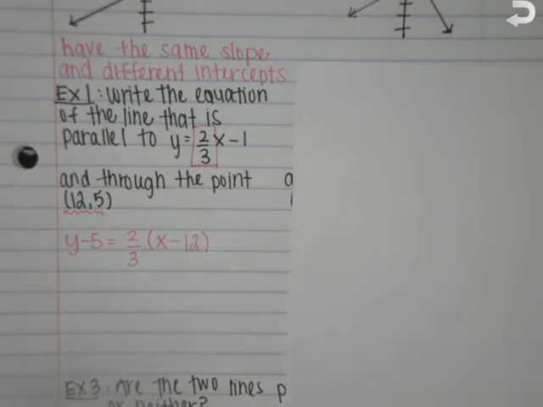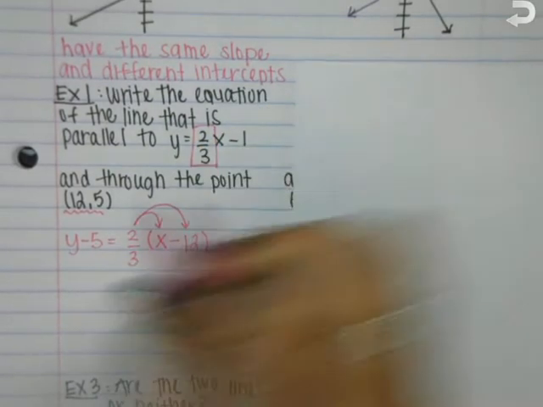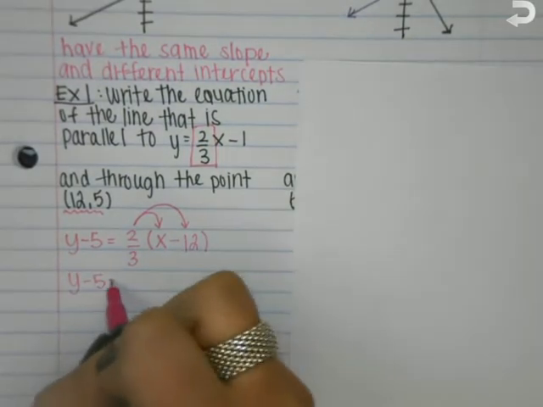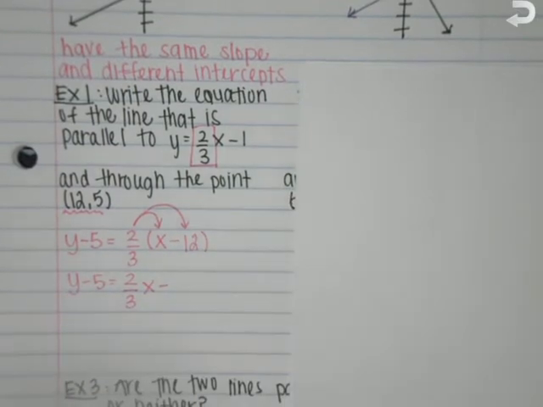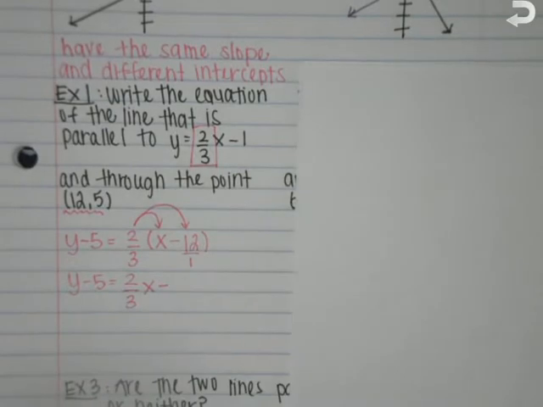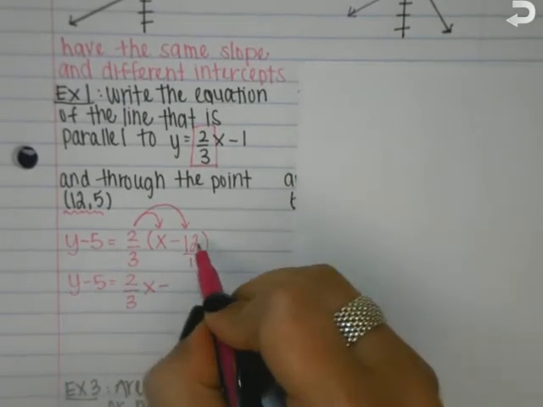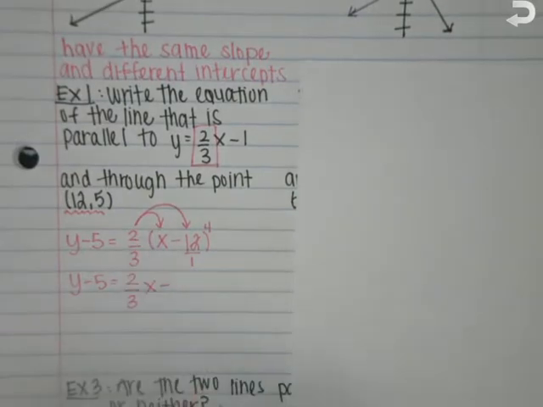So what would you guys do first? Yep. So that's going to be y minus 5 equals 2/3 x minus 12 is the same as 12 over 1. So 3 goes into 12 4 times, and 2 times 4 gives me 8.